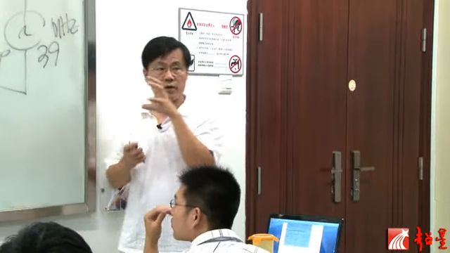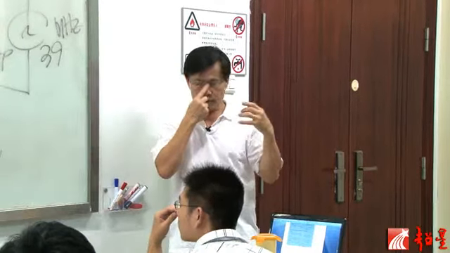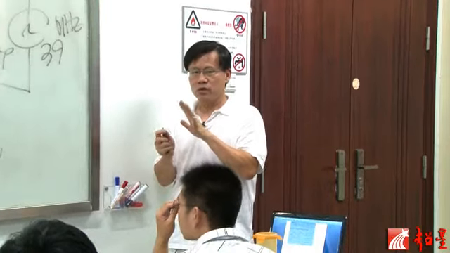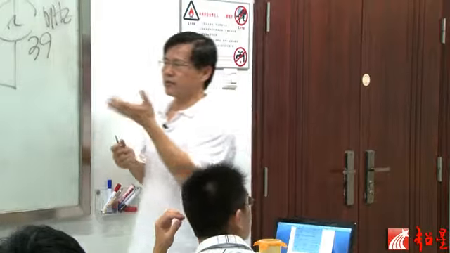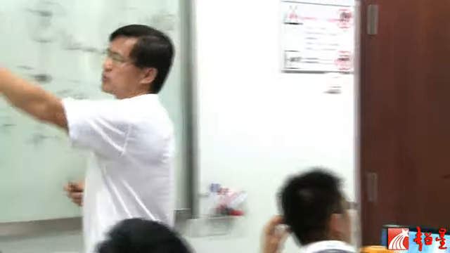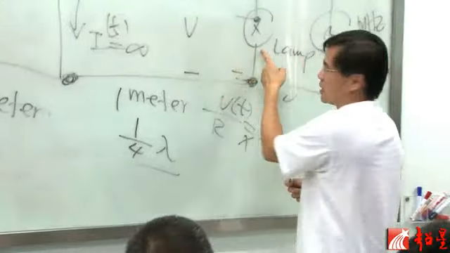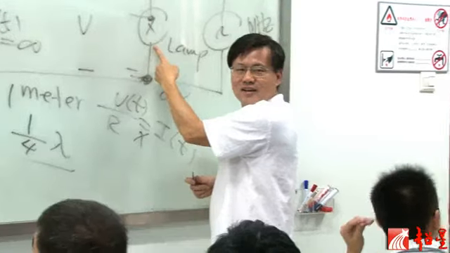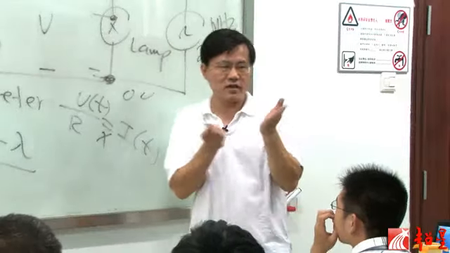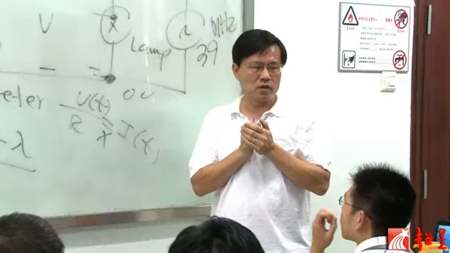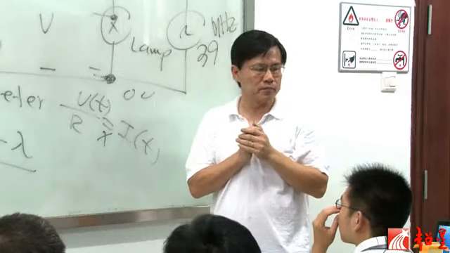This is the first concept I want you to learn, because this is really different from circuit theory. Your circuit theory does not apply anymore. You put a short circuit here, that light bulb is on. You put an open circuit here, that light bulb is off. That's not your circuit theory, because it's wave propagation.